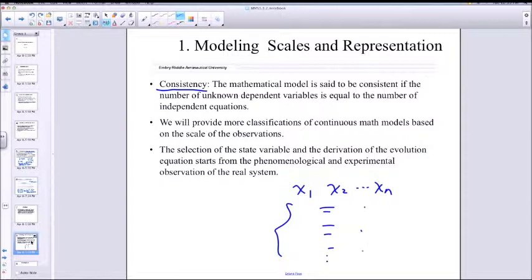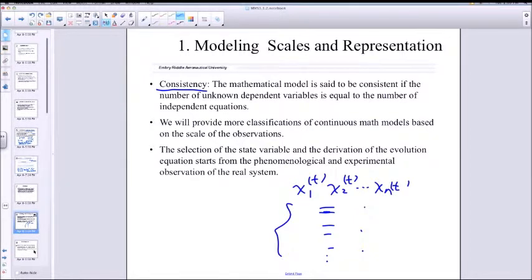So if the number of independent equations equals the number of variables, then we call this system consistent. The same as a differential equation. The only difference is you are not only talking about a variable, you are talking about unknown functions. And you are not talking about algebraic equations, you talk about differential equations. That's the only difference.